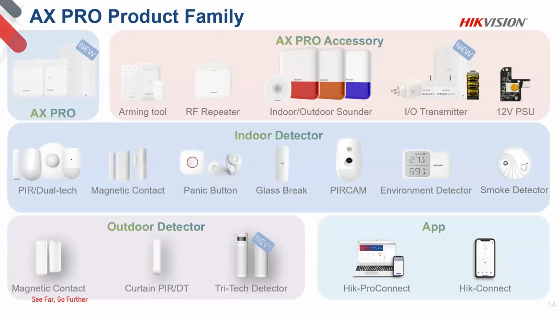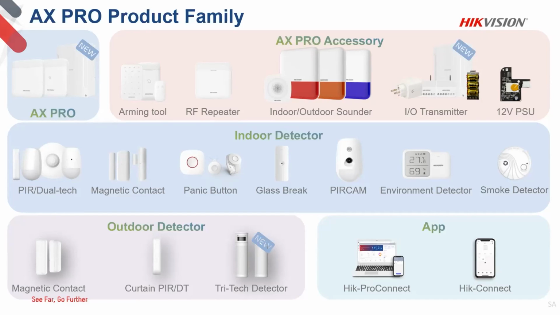Here you can see a detailed overview of the products in our AX Pro product family. At the top, you can see our AX Pro accessories: arming tools that can be used to arm and disarm our alarm systems, repeaters, and sounders, which are output devices. In case of an alarm, these devices can be used to give an output, and there are transmitters likewise.